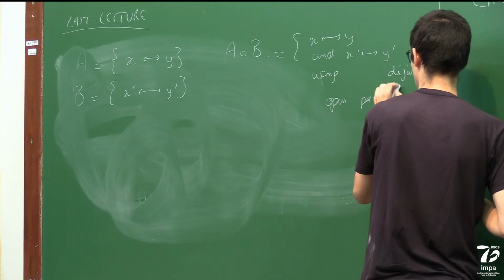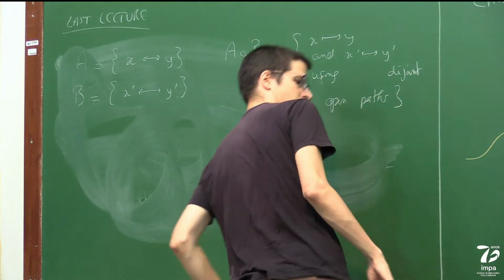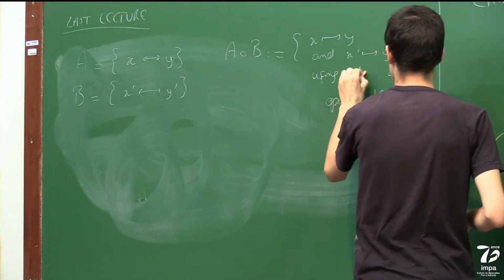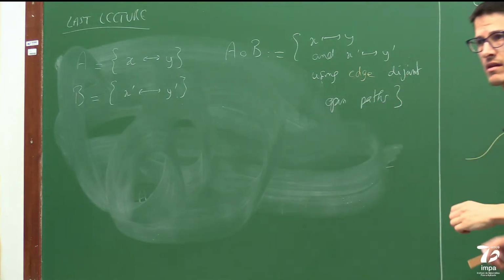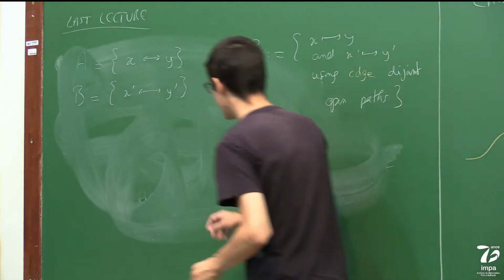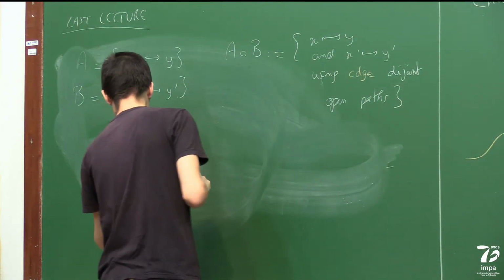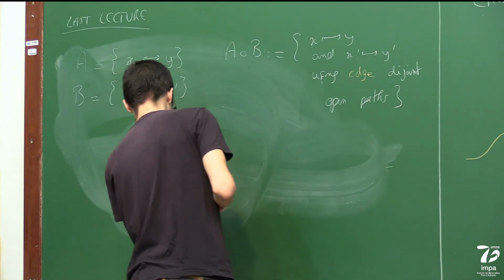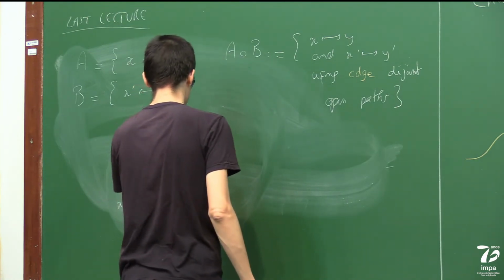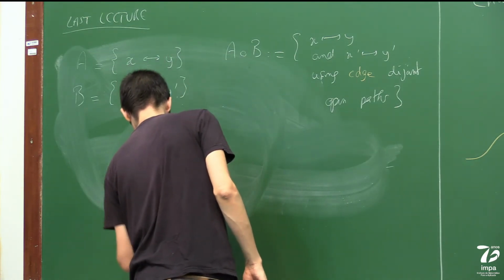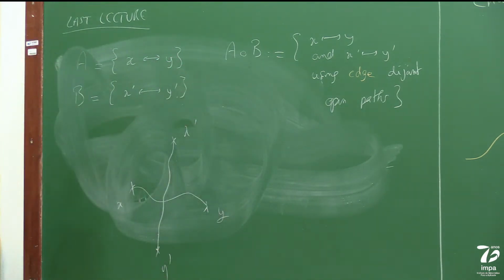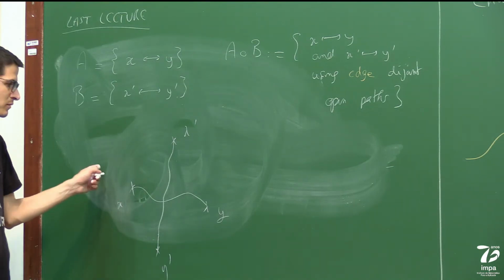More precisely, I want to say that they are using edge-disjoint paths. Basically, this event will be satisfied if I can find a path like this and a path like this, which are not using the same edge, and which are open.